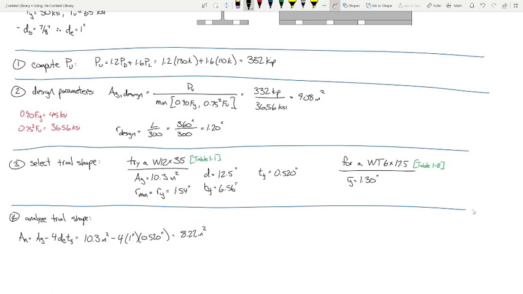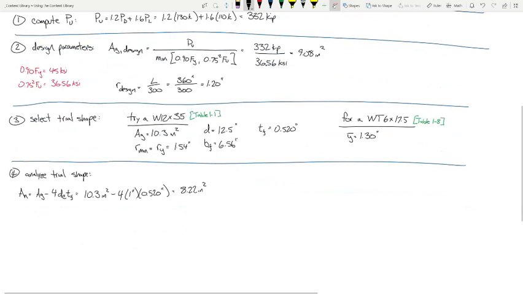Okay. Now we've got our shear lag factors. What cases are we going to have to consider for shear lag? Would it be the same as the homework for U2, U7? 2 and 7, right? So case 2, case 7. All right. So let's look at case 2. 1 minus X bar. Yep.